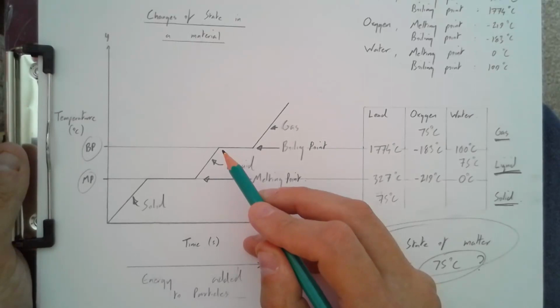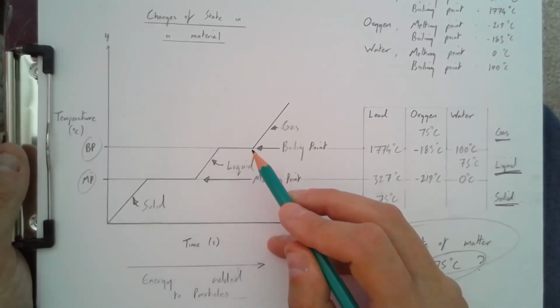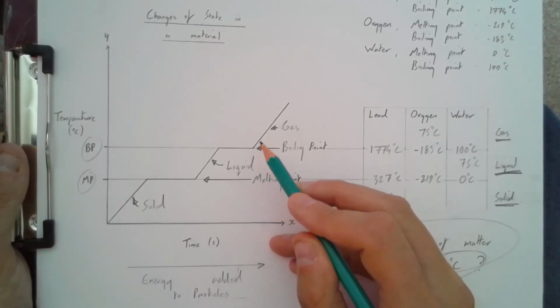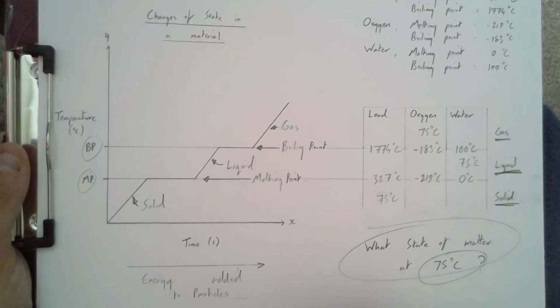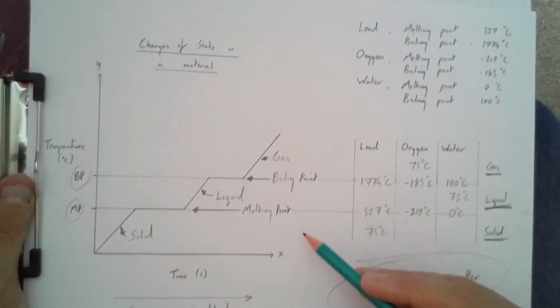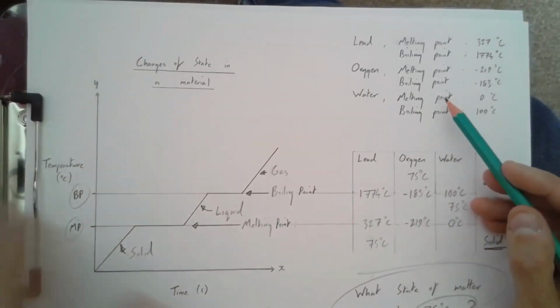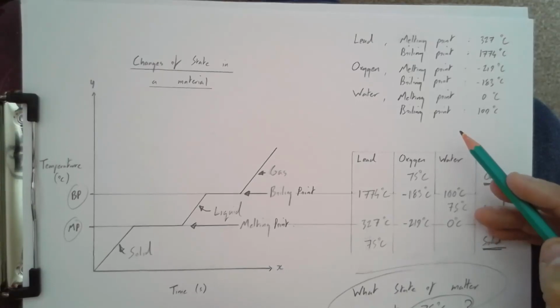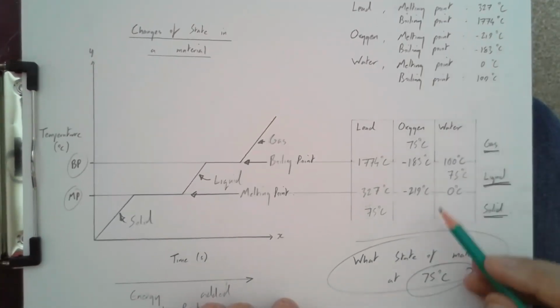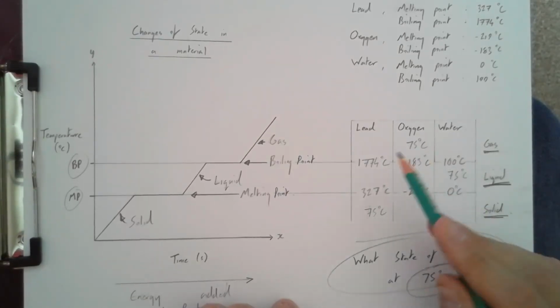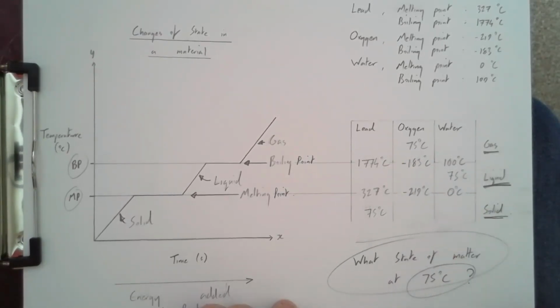More energy is added, temperature goes up, but when it hits the boiling point, the temperature remains the same until all particles now have enough energy to be gas. From here we know that the boiling points and the melting points are going to be different for different materials. There will be different temperatures depending on the material you have, and we can use that information to help us find which state of matter these materials are going to be at a given temperature.